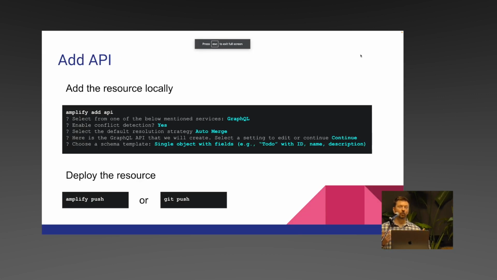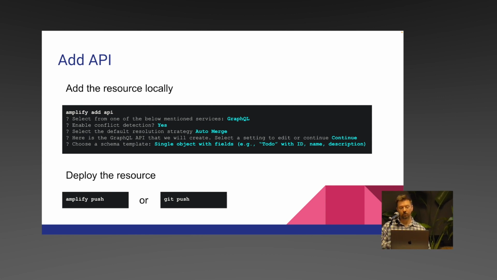Next, to add an API configuration, we will be working with GraphQL for this to-do app. And to add an API, this is an example using the CLI again. We'll be running amplify add api. And here, it's really straightforward questions that the command line will prompt you.